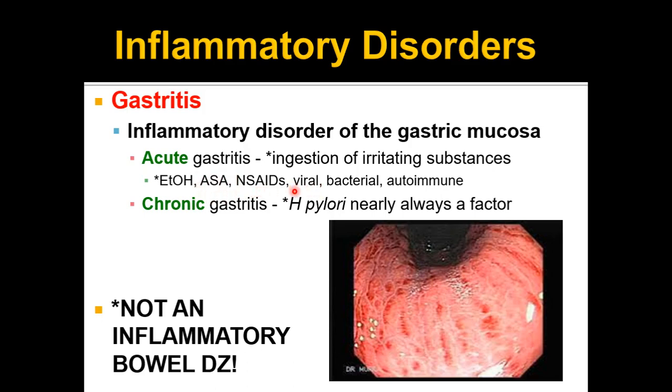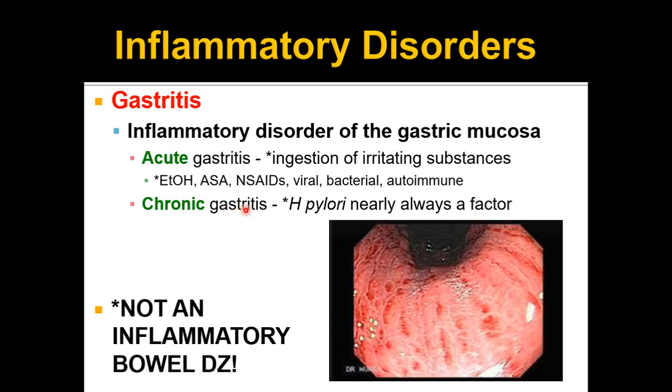Or it could be a sudden onset viral or bacterial infection or a sudden autoimmune attack to the gastric mucosa. Either way, it's acute. So it's a quick onset and is usually resolved by removing these irritating and offending substances.